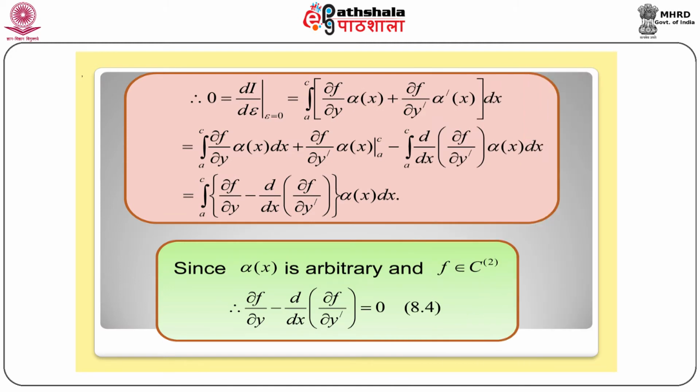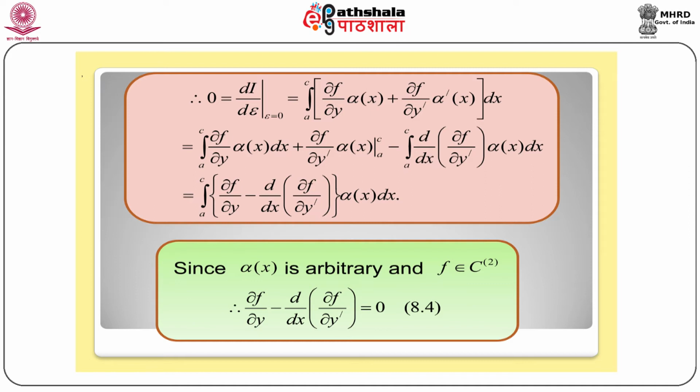Therefore, we have 0 equal to d/d epsilon of capital I at the point epsilon equal to 0, equal to the integration from a to c of del f/del y into alpha x plus del f/del y dash into alpha dash x, which we have already obtained, into dx.